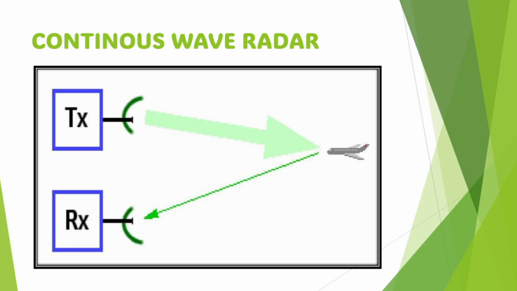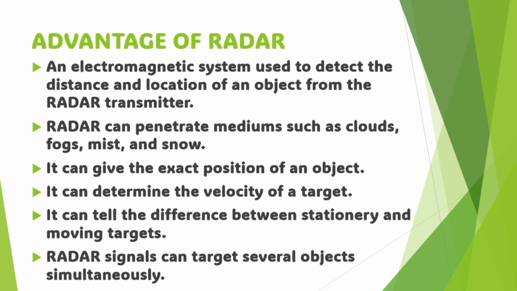In the radar receiver, the direct wave combines with the wave reflected from the moving target, and the difference frequency is produced at the receiver output. So this is the continuous wave radar. I hope you understand.